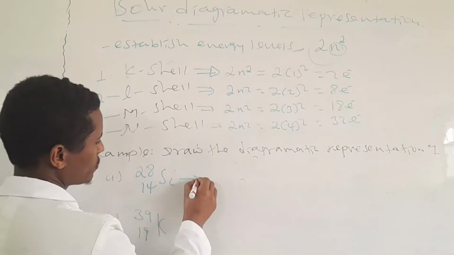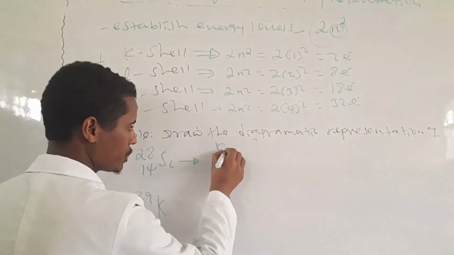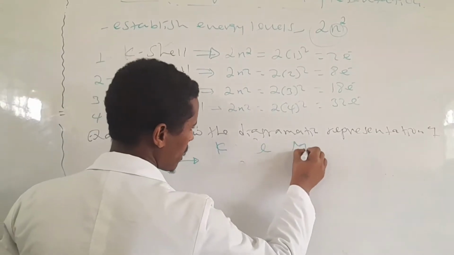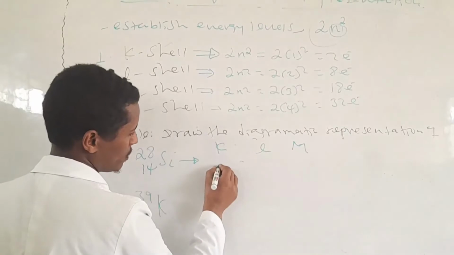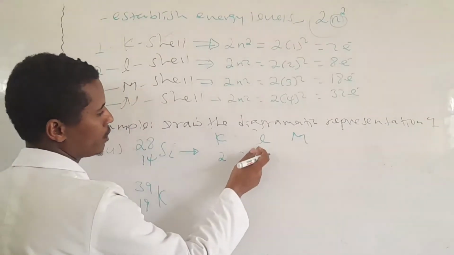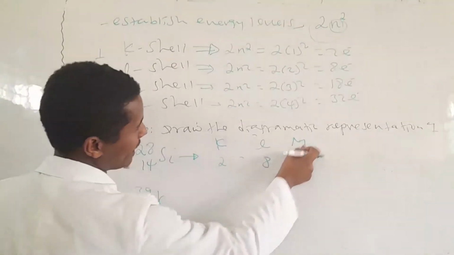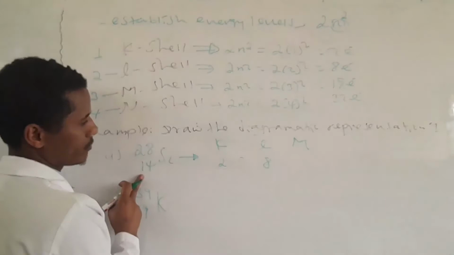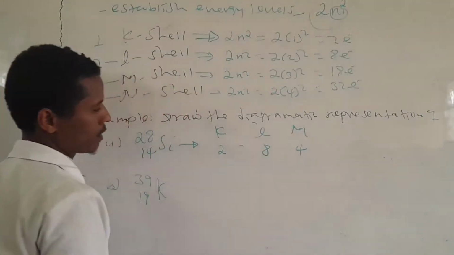We can use the main energy levels, K shell, L shell, M shell. K shell holds a maximum of 2 electrons, so let us put 2 electrons under K. L holds a maximum of 8 electrons. M holds a maximum of 18 electrons. But how many electrons are left? 4 electrons are left, so you can put 4 electrons under M.